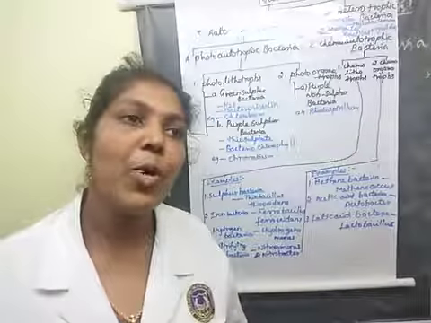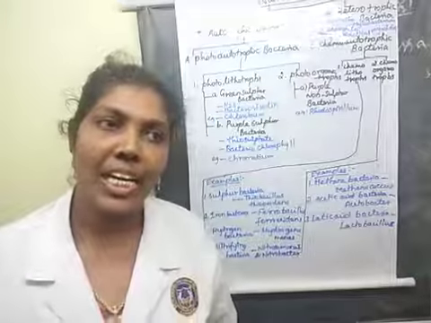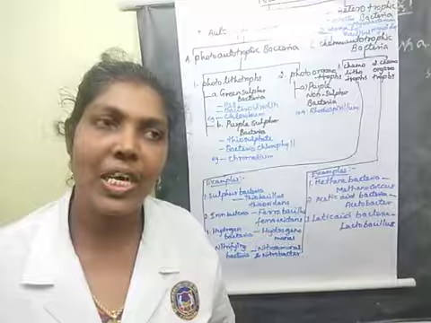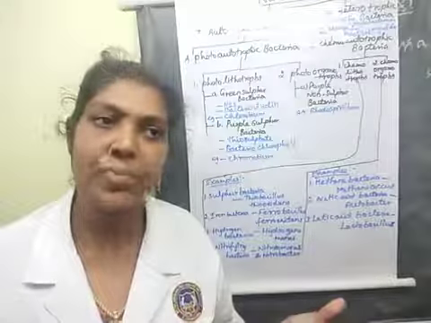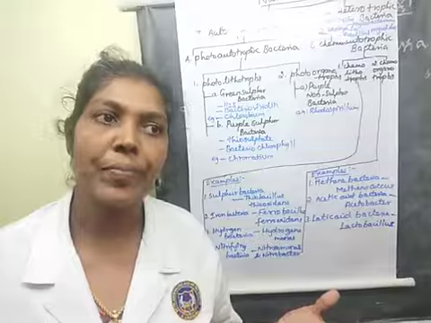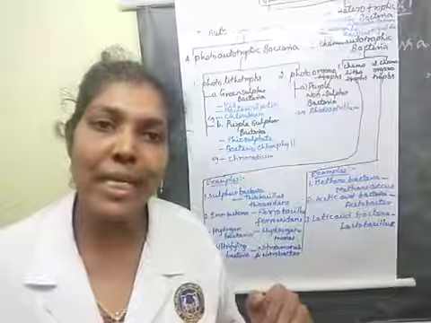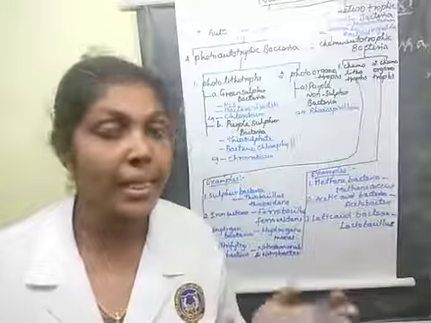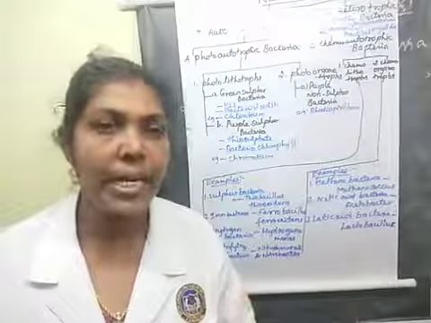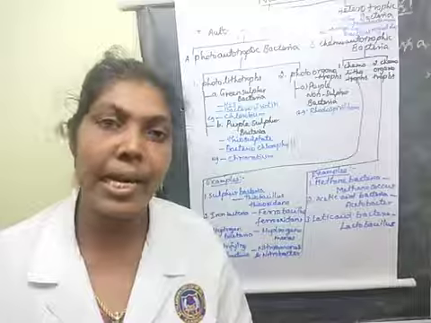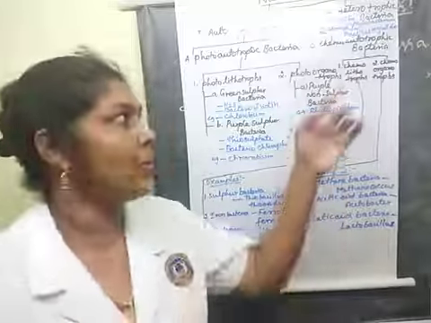What do you mean by chemoautotrophic bacteria, children? Very good. There is an absence of chlorophyll pigments, so they cannot use sunlight energy. Instead, they get energy from inorganic and organic compounds. Very good children.